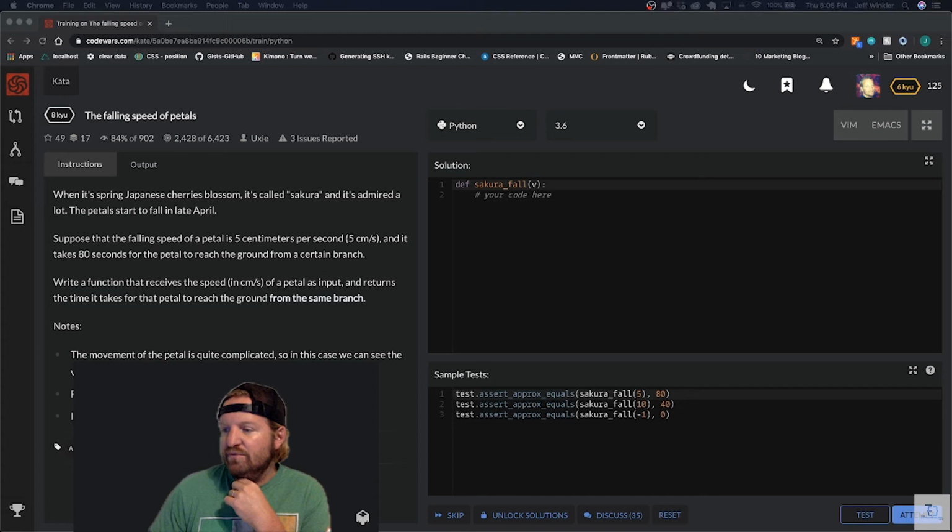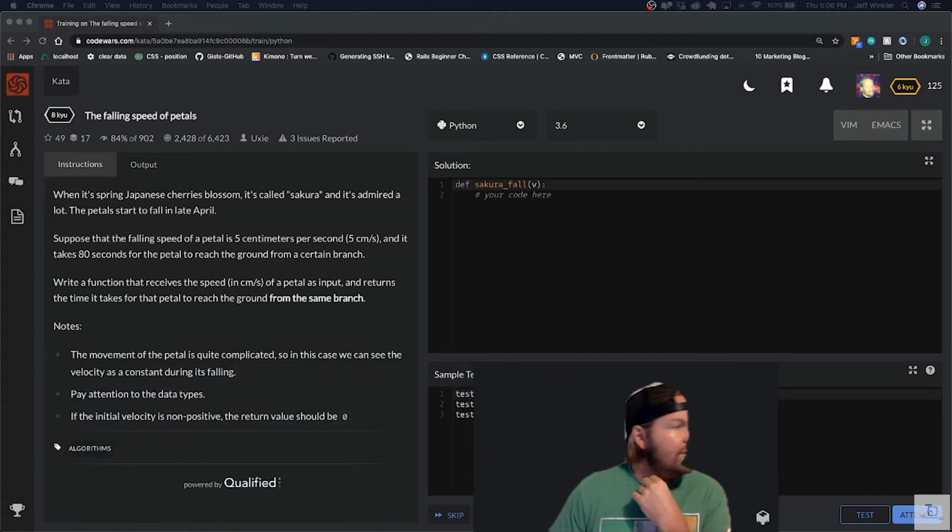I'm gonna move myself while I read this. When it's spring, the Japanese cherry blossom, called Sakura, is admired a lot. The petals start to fall in late April. Suppose that the falling speed of a petal is 5 centimeters per second, and it takes 80 seconds for the petal to reach the ground from a certain branch.